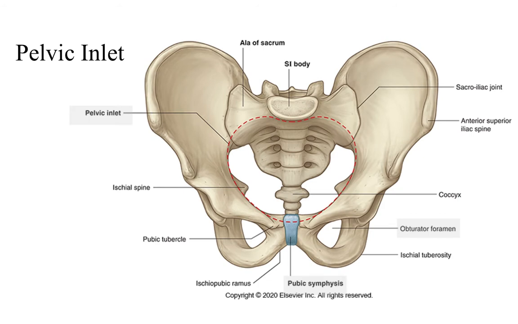In order to start talking about the pelvic floor, we need to have an understanding of what the actual pelvis is. So we kind of lumped the pelvis together with the abdominal cavity in previous lectures, but the pelvis can be divided into two separate regions.